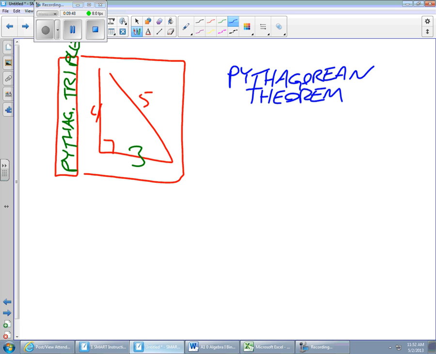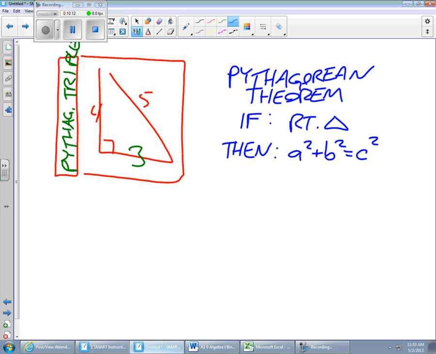Okay, and of course Pythagorean theorem says what? If you have what kind of a shape? A right triangle, then what's going to happen? A squared plus B squared equals C squared.